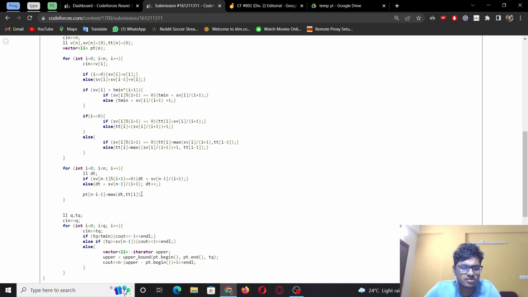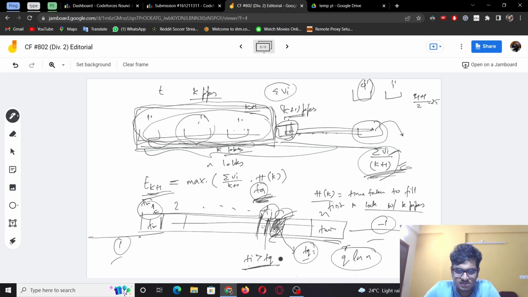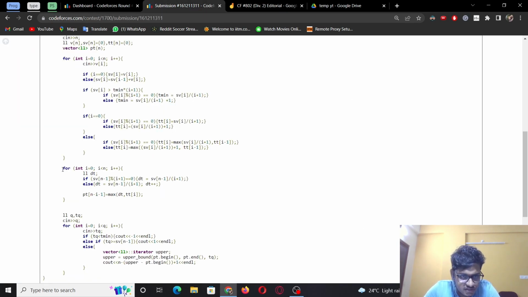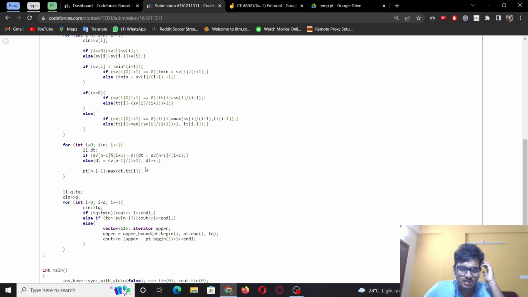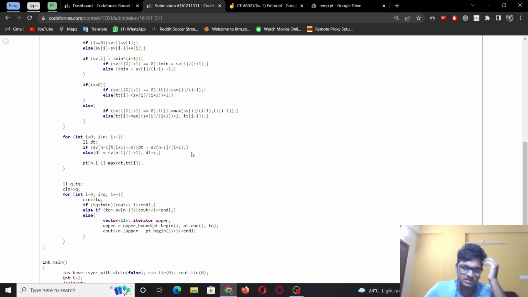Now that we have calculated tt, we need to calculate our pt, that is basically this array's elements. So that will tell us the amount of time it takes with k pipes, and that's what we are doing in this loop. So what we have basically done is we have calculated a time dt, which will in essence be the time it takes to fill all the locks with I pipes.